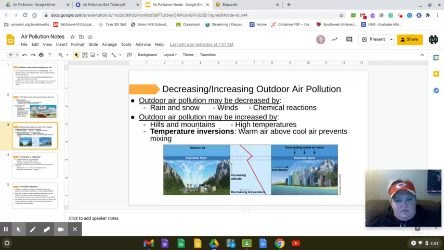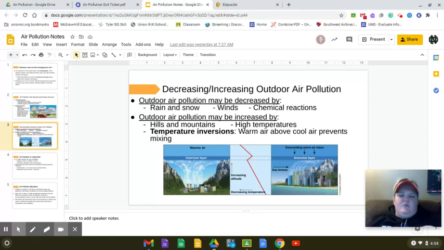Winds also decrease it because the winds will push it away. Winds can also help break it apart a bit, kind of like diluting it. If you spray an air freshener in a room, eventually that air moves away so that the smell isn't as concentrated.